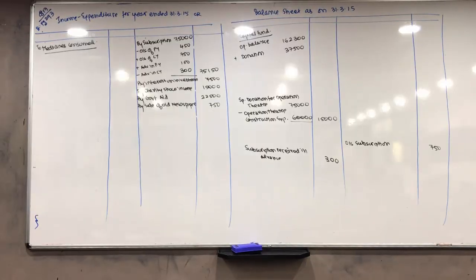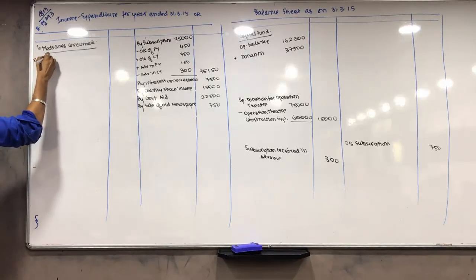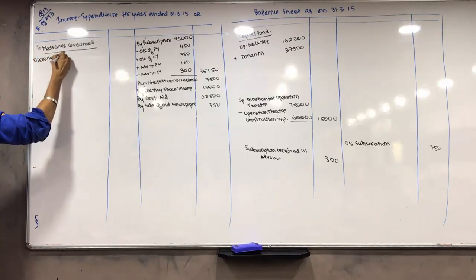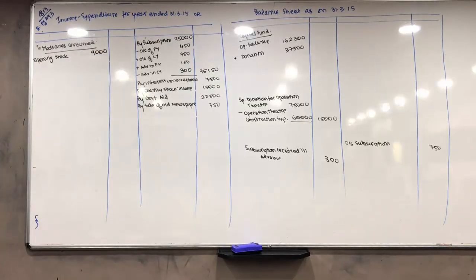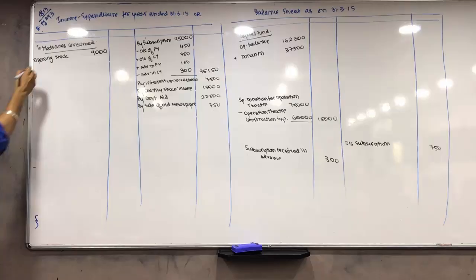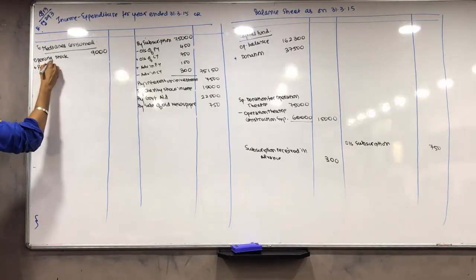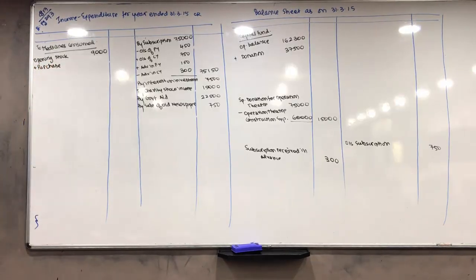So opening stock 9,000 plus purchase 42,000.